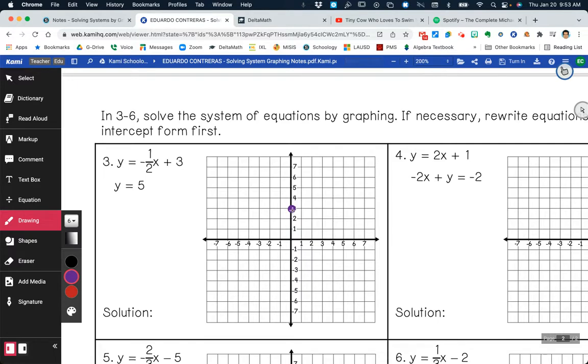Now let's use the slope, the negative 1/2. That tells me to go down 1, to the right 2. Down 1, to the right 2. We really don't know where this is going to cross, so I'm going to put a few points, hoping it crosses one of those perfectly.